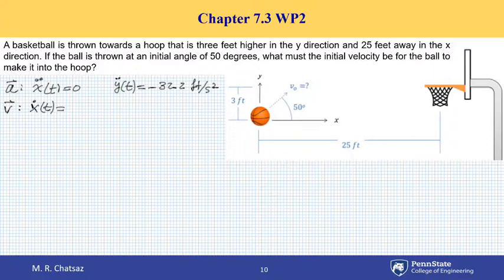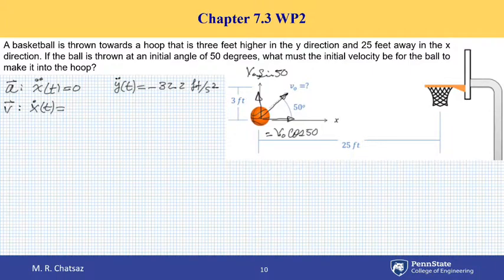Or we can simply say, if this is my velocity vector initially, in x direction, this velocity vector has an x component, which is v naught cosine of 50. It also has a y component, which is v naught times sine of 50.